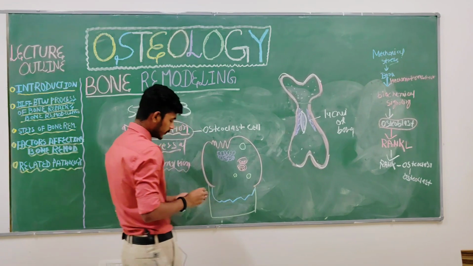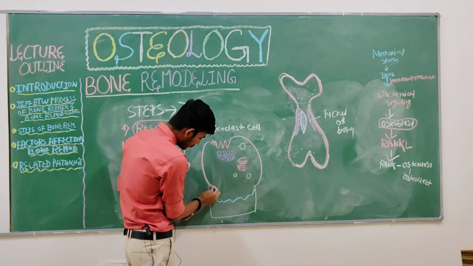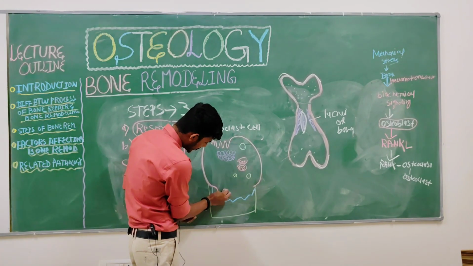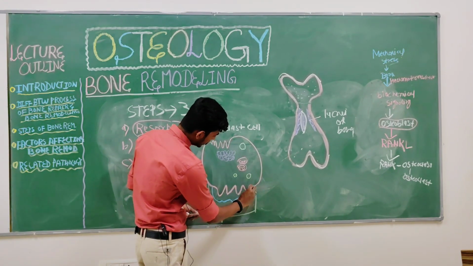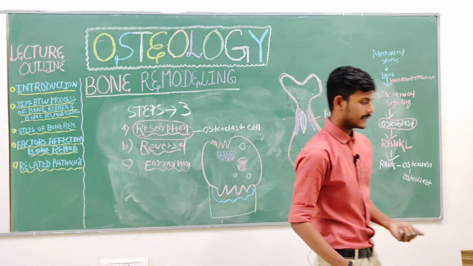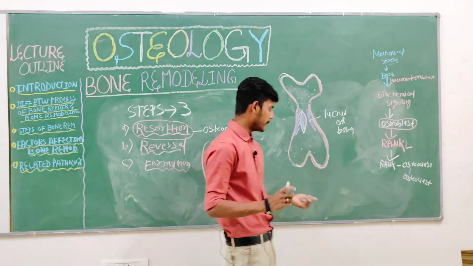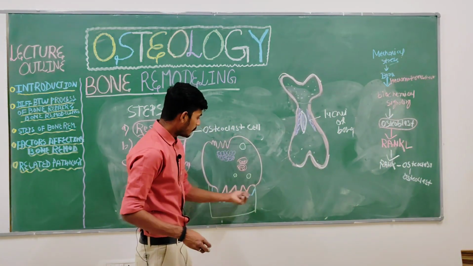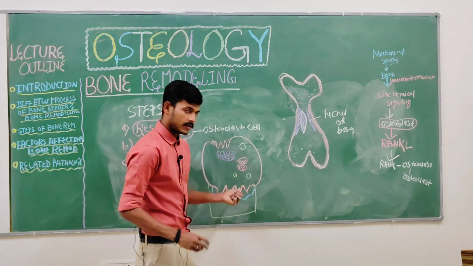Understanding? Now, they have projections, and this is basically called the ruffled border, or we can say the brush border appearance. These cells have the brush border appearance, or the ruffled border.